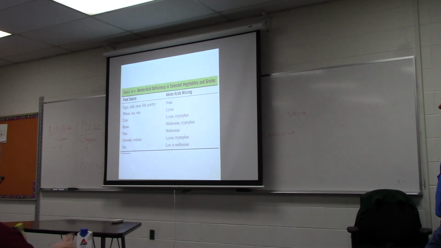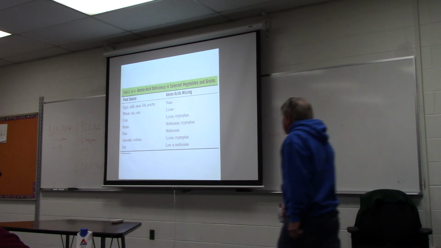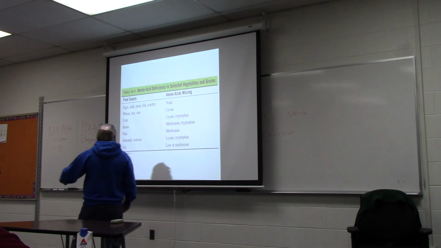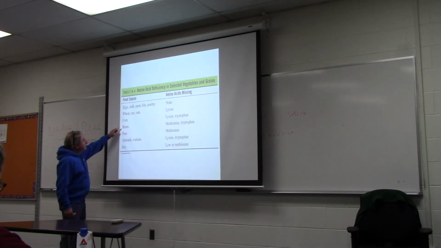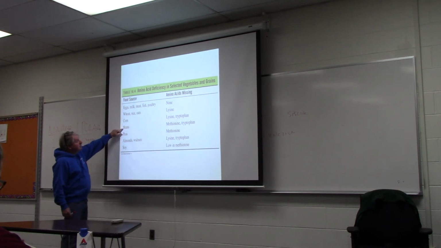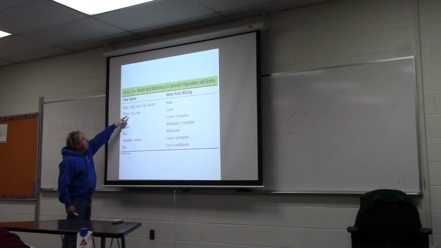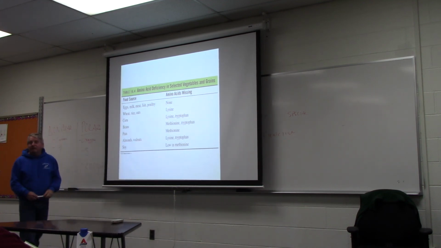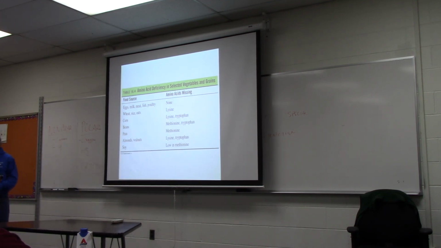Again, this is curious to me because, let's say you have beans. If you're eating beans, what should you eat with beans? Rice and beans, okay? That's kind of a staple around the world, that kind of meal.